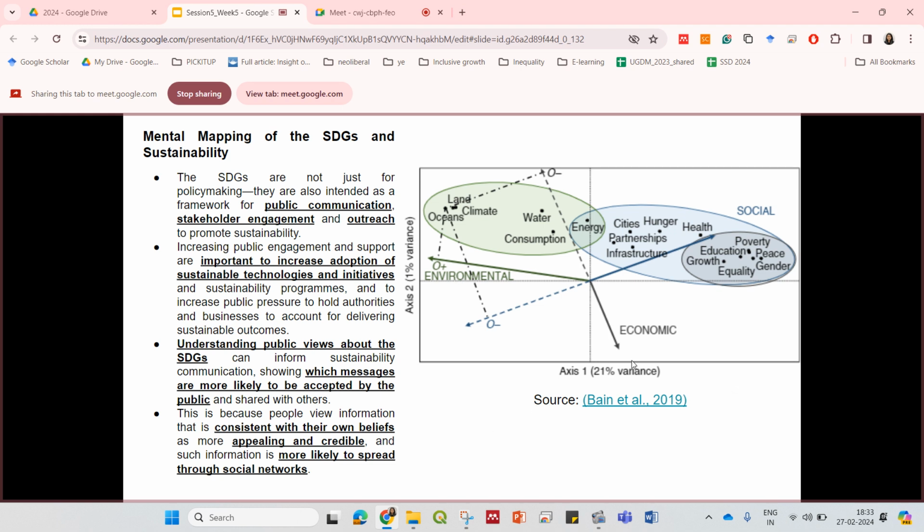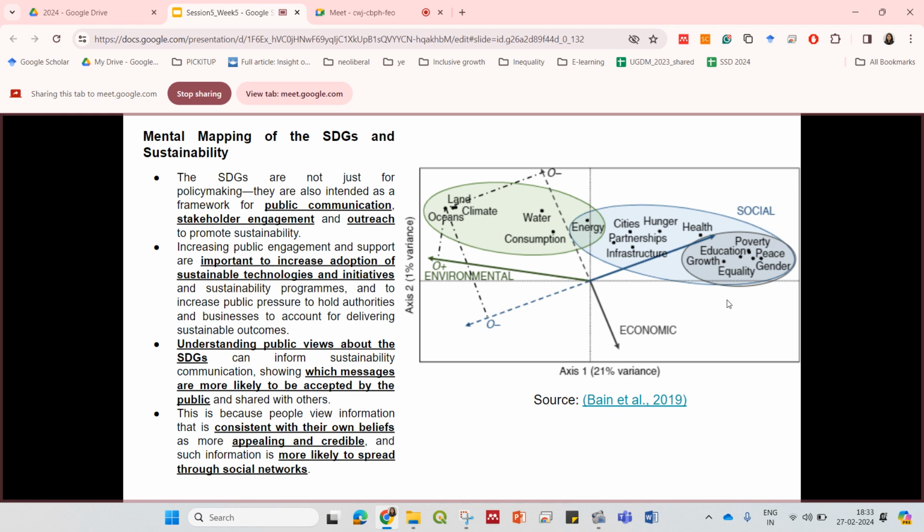You can see here, this is an example of such kind of mental mapping in which they have mapped that this is the line which follows the environmental sector, this is the social sector, and this is the economic sector, and where the particular sustainability issues or the SDG fall in which sector. You can see there is a clear cluster falling more towards the environmental sector.